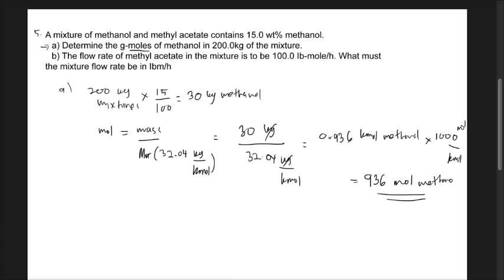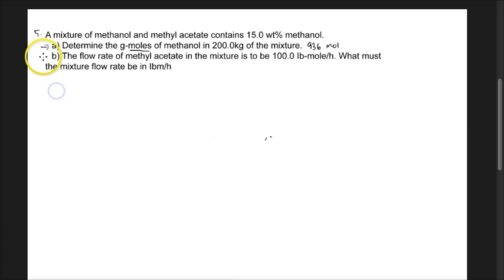We move to part B. For part B, it gives us the flow rate of methyl acetate in the mixture as 100 pound mole per hour. The question wants us to convert to the mixture flow rate in pound per hour.